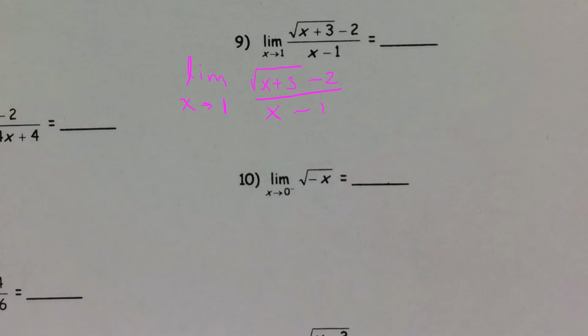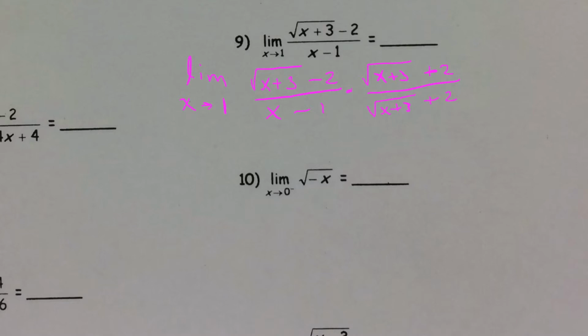So this is what I'm going to try. I'm going to multiply by the square root of x plus 3, but now plus 2, which is the conjugate of the first one there, and I have to divide by itself. Okay, so that's the strategy when I see the square roots.